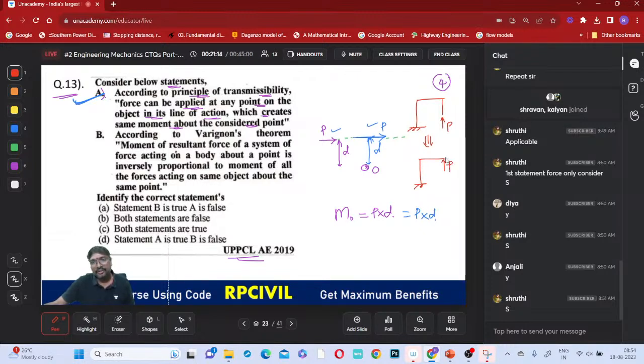We can shift this load from this D point to this C point. Why? Because we can shift it if it acts along its original line of action only. If it is replaced, no problem, right? Have you done this kind of thing in your structural analysis, everyone?